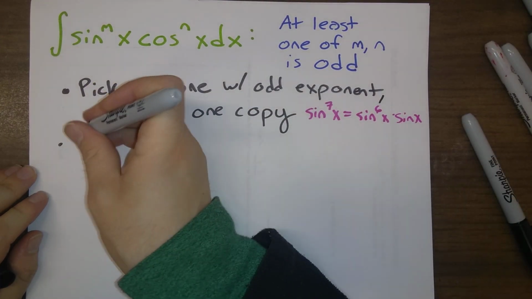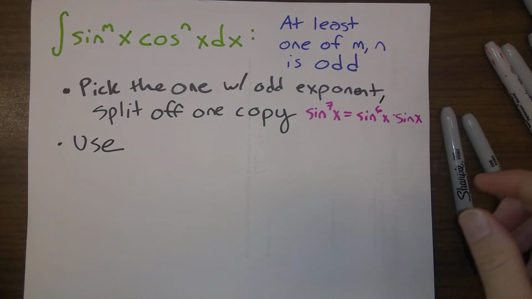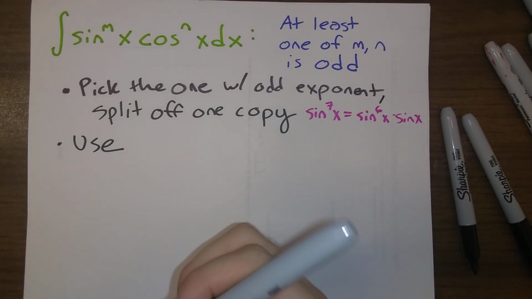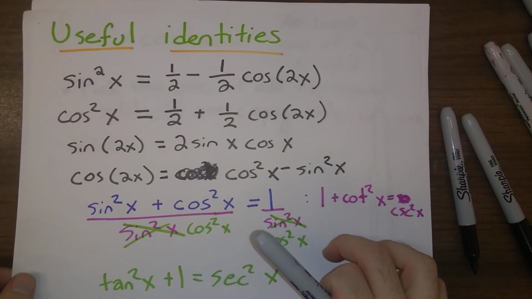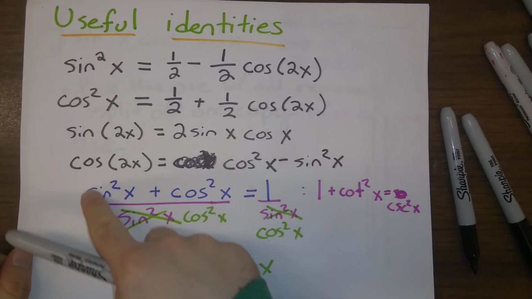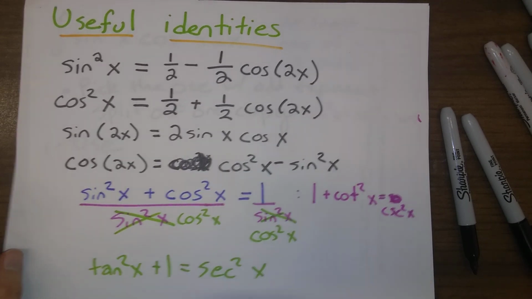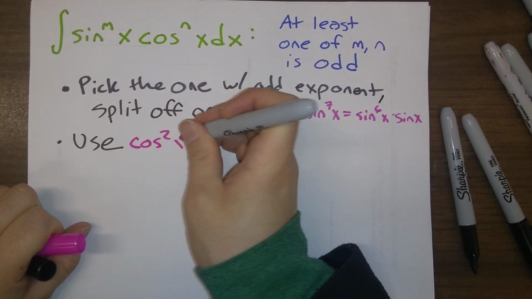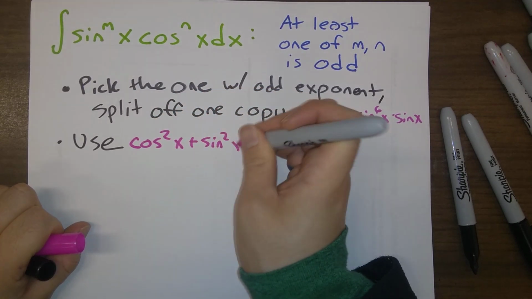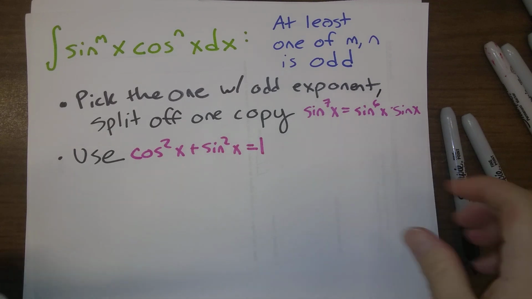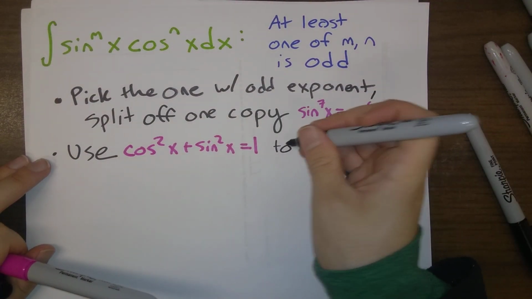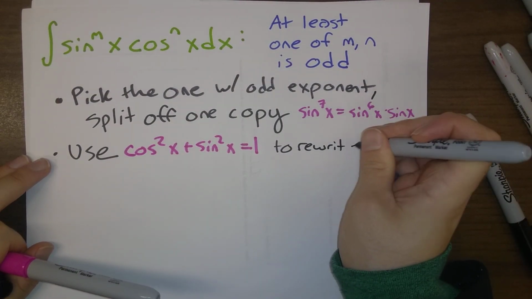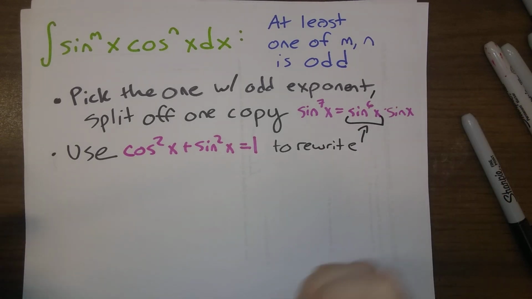Then we're going to use the identity that we were looking at before. Remember from this page, I said this was going to be the identity we'd use all the time: cosine squared x plus sine squared x is equal to 1, to rewrite the part that looks like that.